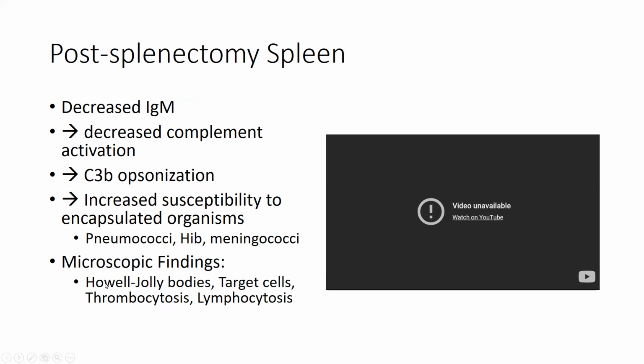You also could see some of these microscopic findings, Howell-Jolly bodies, and target cells in particular. This is really the only time where I see questions asked about a post-spleen or a splenectomy, to try to get you to identify an encapsulated organism as being a cause of a condition, so you're at increased risk, or if they're talking about these, like what would be the likely histologic finding, and then list some of these specific names.